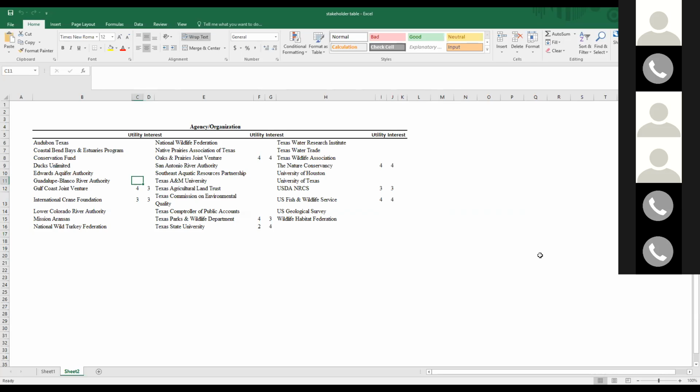So for Edwards Aquifer Authority, I would say there may be a level of interest, maybe a 2 and a 2. All right. I would say across all the agencies that do some sort of watershed conservation, land conservation, restoration, preservation type work, I think the utility is pretty high.